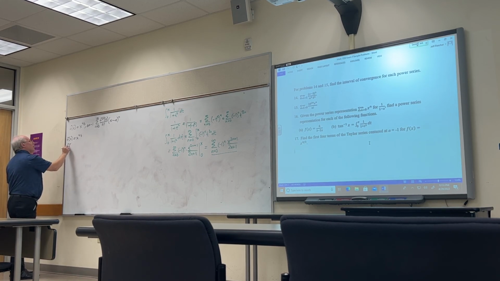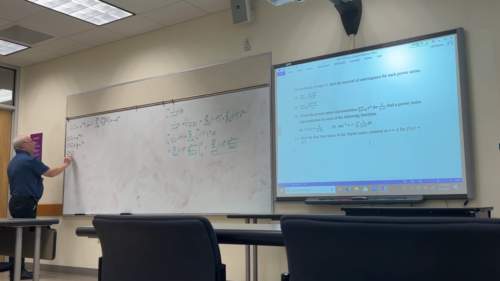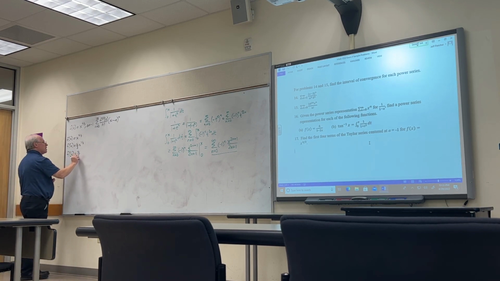The first derivative is 4 thirds x to the 1/3 power. The next one is 1/3 times 4 thirds, which is 4/9, times x to the negative 2/3.